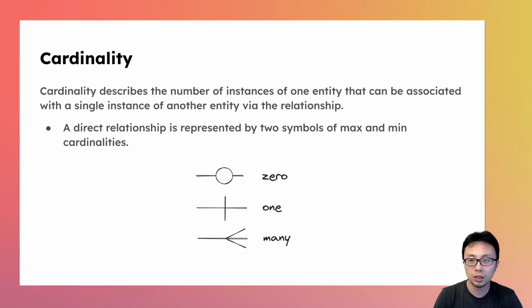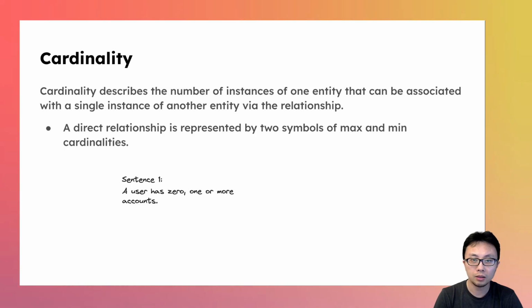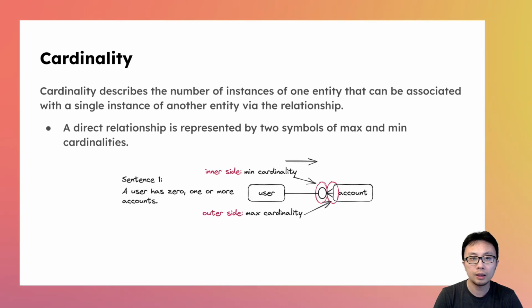Each directional relationship is represented by two symbols as a pair. For example, the first sentence you saw earlier is on the directional relationship from user to account. The two symbols representing cardinalities need to be placed near the account entity.